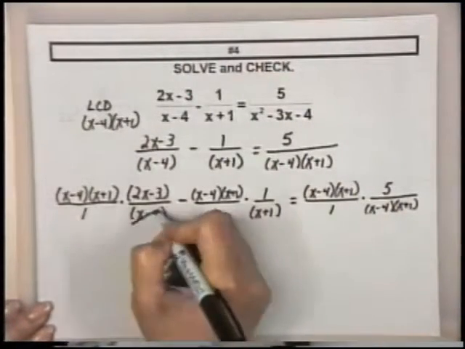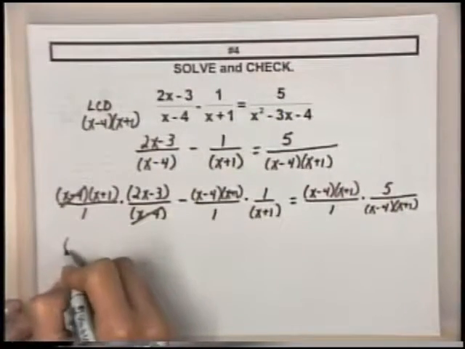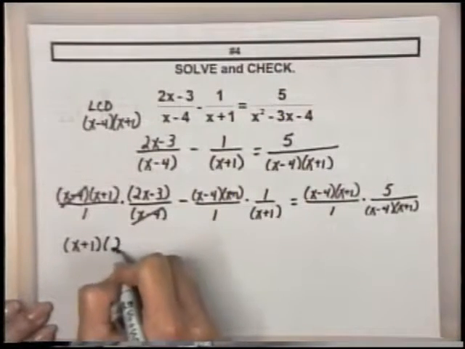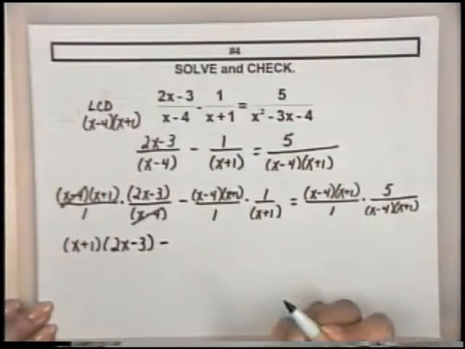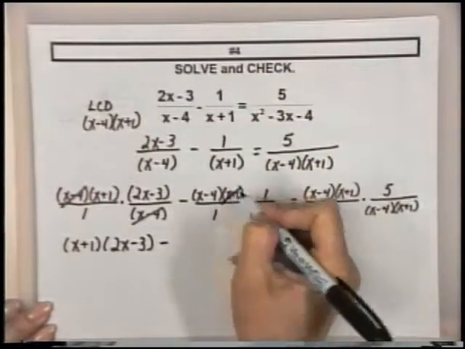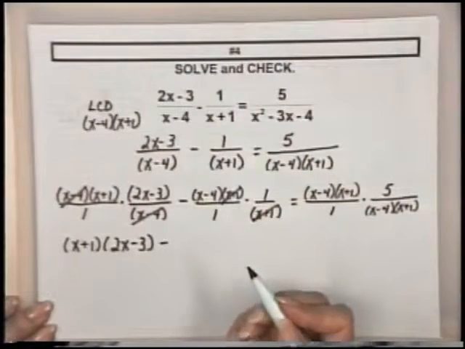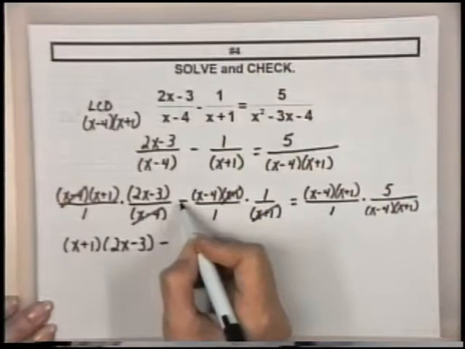Let's eliminate the denominators. X minus 4 cancels x minus 4. I am left with x plus 1 times 2x minus 3. Subtract, x plus 1 cancels x plus 1. I am left with 1 times x minus 4, which is x minus 4.